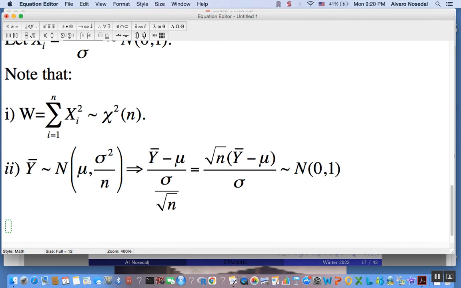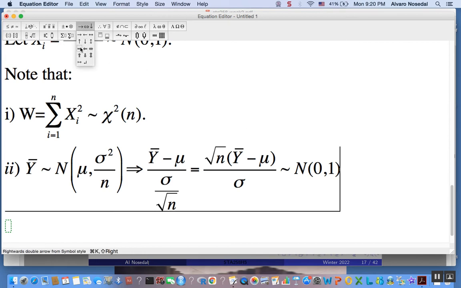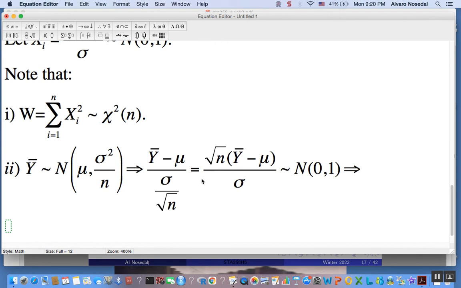So what that implies is, if this guy is a normal 0, 1, if you square it, you end up with a chi-square with 1 degree of freedom.